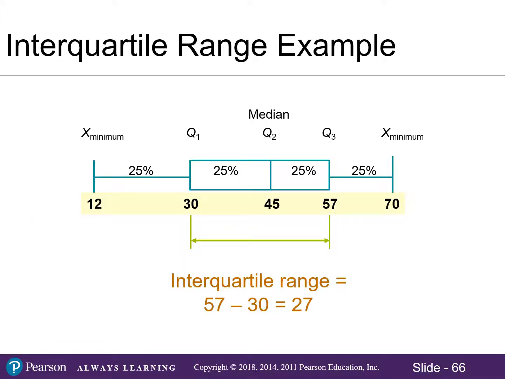So as a reminder, here's an example using the interquartile range. Now be very careful in reading this box plot. One of the mistakes I see people make is they forget that if one of the parts of the box is bigger than the other, that does not mean that there's more data there. It has the same amount of data in it.